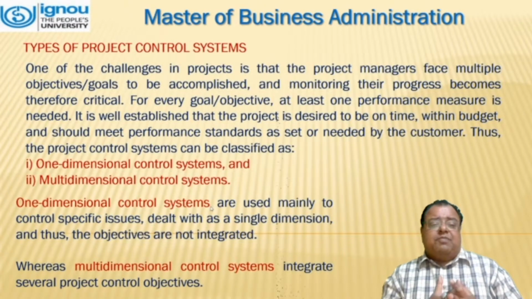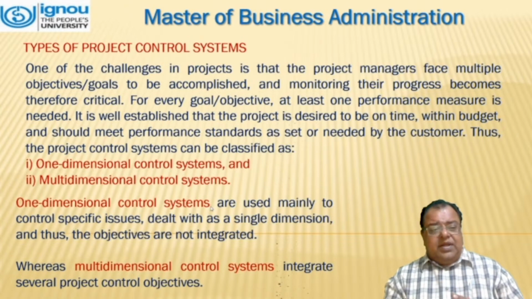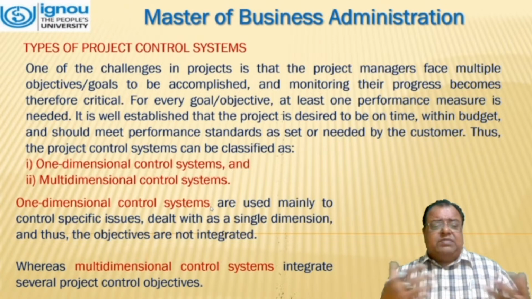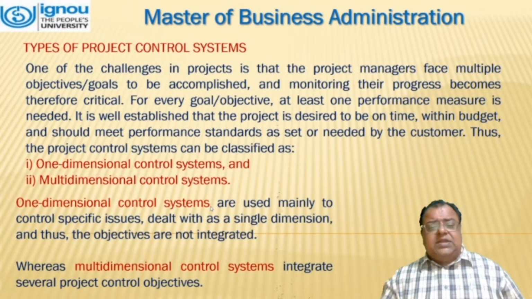What are the types of project control systems? One of the challenges in a project is that the project manager faces multiple objectives and goals to be accomplished, and monitoring their progress therefore becomes critical. For every goal or objective, at least one performance measure is needed.